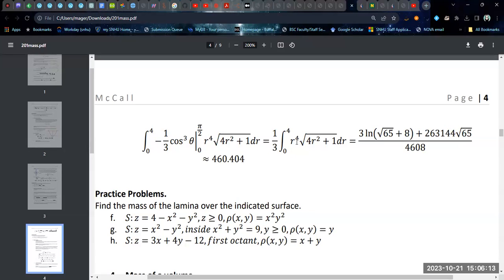Again, if you choose your density function carefully, then you may be okay doing it by integration by parts. But in this case, we ended up with something that can't be done by parts. It has to be done by trig substitution. But again, that's going to vary from problem to problem, and textbook problems usually are set up in a way that you don't necessarily have to go to some of these more advanced techniques.